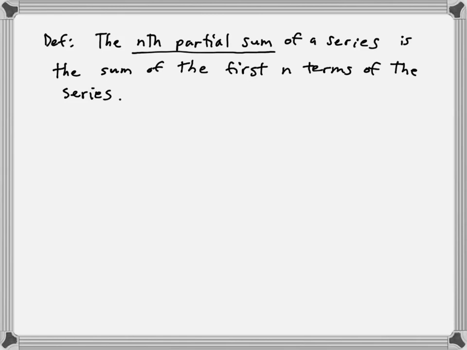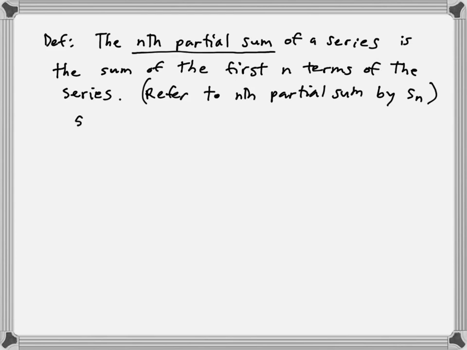Okay? So this makes sense, right? We know how to add a finite number of things together. So we refer to the nth partial sum by the symbol S_n. Okay? So again, this just means we add up that many things.